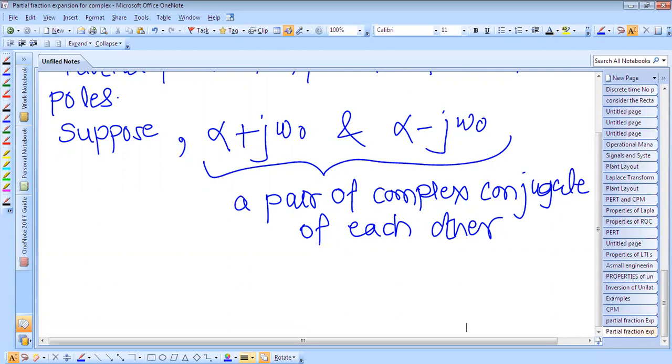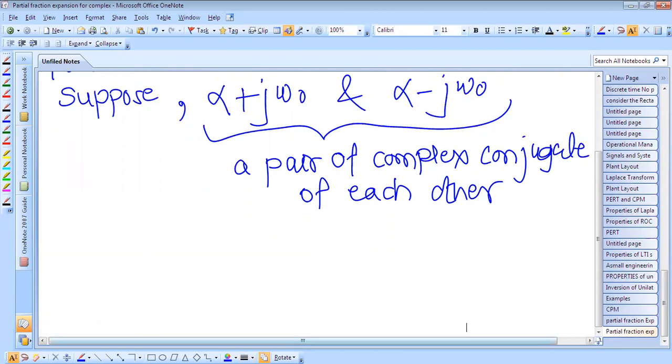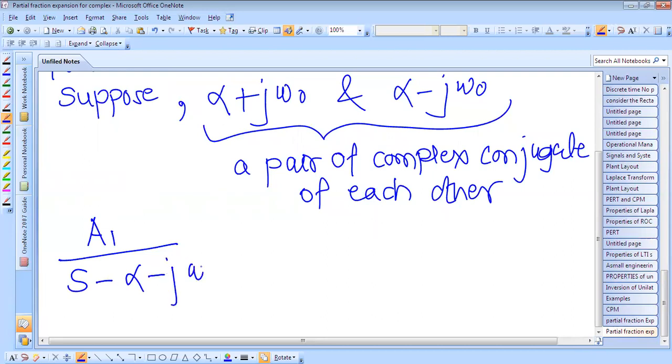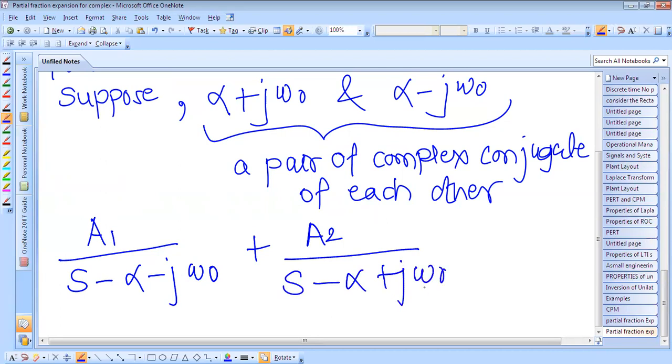fraction expansion can be written as a1 over s minus alpha minus j omega naught plus a2 over s minus alpha plus j omega naught.